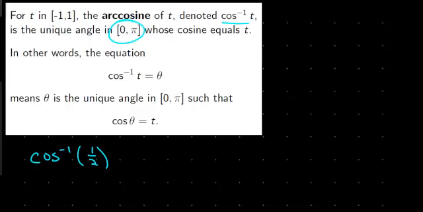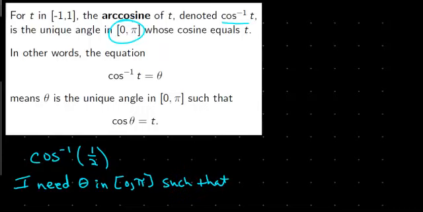So I'm trying to find some angle theta in the closed interval 0 to pi such that cosine of theta equals 1/2.